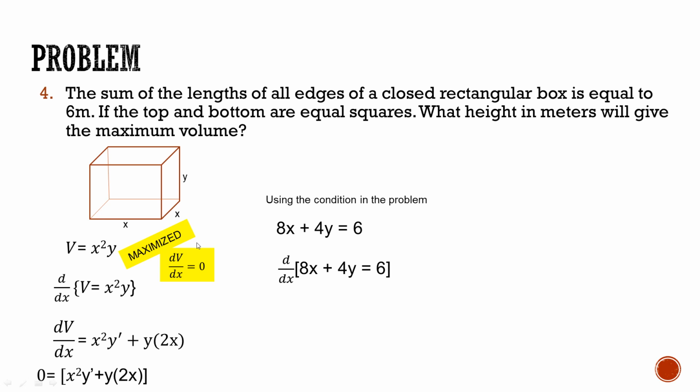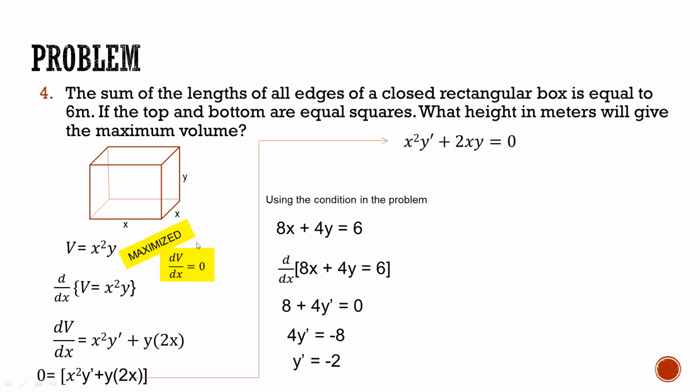So, differentiating that whole equation with respect to x, we can manipulate and come up with the value of y prime equivalent to negative 2. So, knowing that, let us substitute it here. Okay. So, negative 2 is y prime. So, manipulate, again, cancel one x.